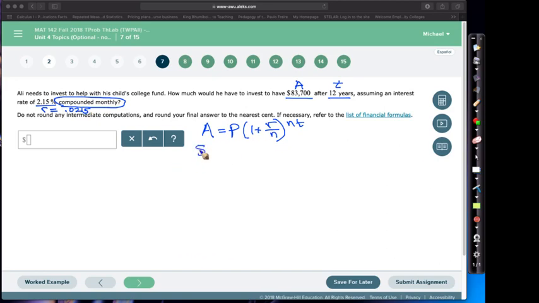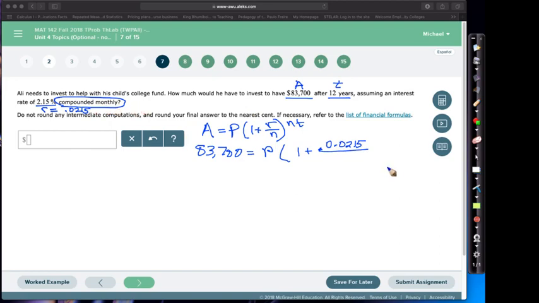So we're going to have 83,700 equals some principal, 1 plus the interest rate, 0.0215 divided by the compounding, monthly.